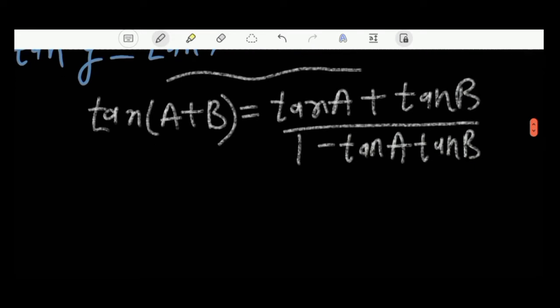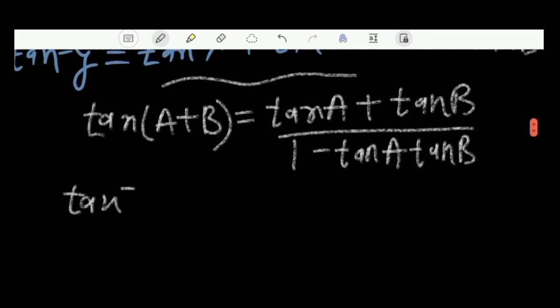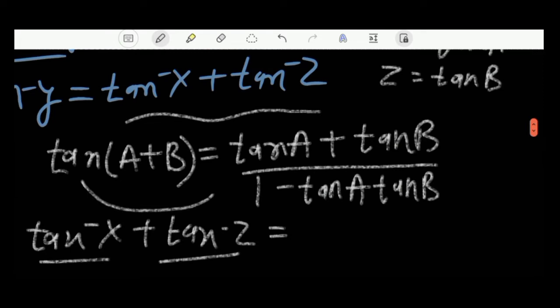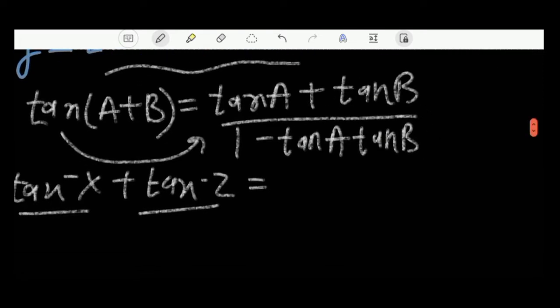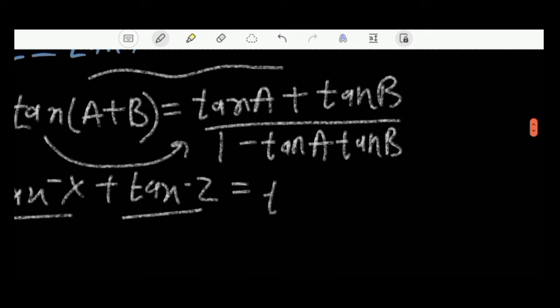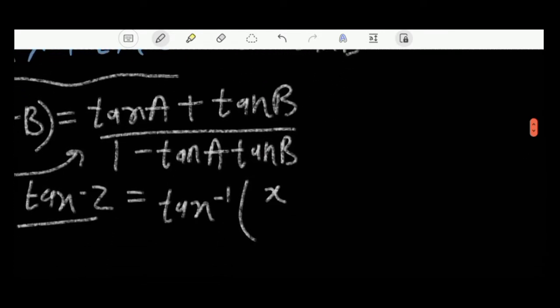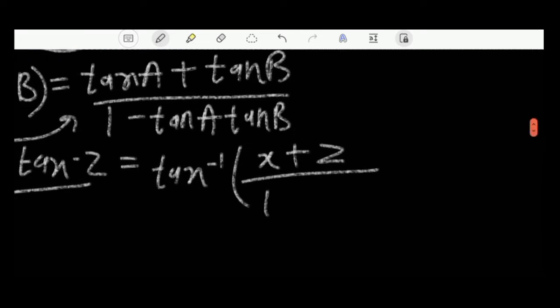So what we can say is that tan inverse x plus tan inverse z, which stands for A and B respectively, is equal to, when we transfer this quantity to the right hand side, tan inverse of tan A plus tan B upon 1 minus tan A tan B, and tan A is nothing but x and tan B is z, and the same in the denominator.